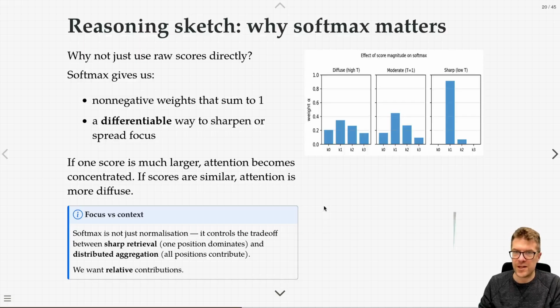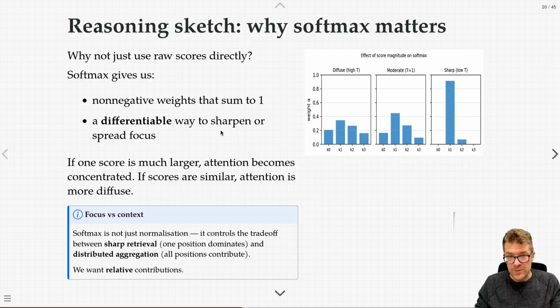So just a bit of a reasoning sketch: why does softmax matter? Why are we passing these dot products through the softmax? Softmax, first of all, gives us non-negative weights that sum to 1, so it behaves a little bit more like a probability function. And if I'm going to add a certain proportion of each of my value vectors to get an overall context vector, often we prefer to have something normalized, which behaves sort of like a probability function, or a likelihood function, I suppose.